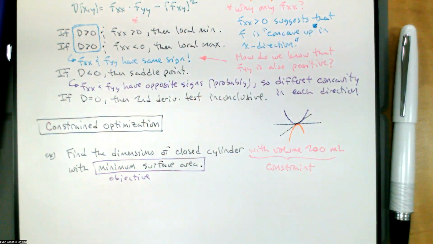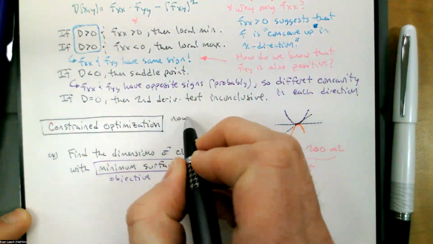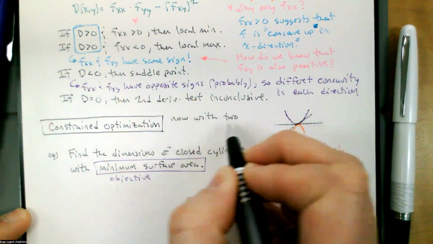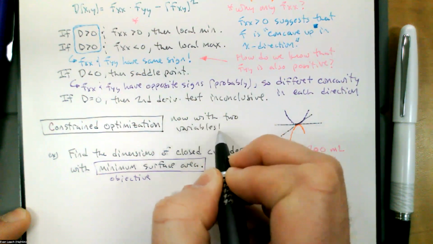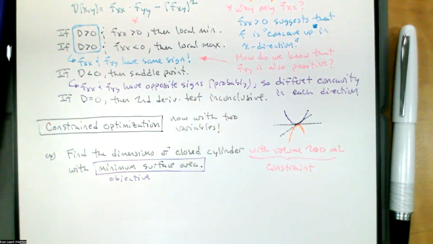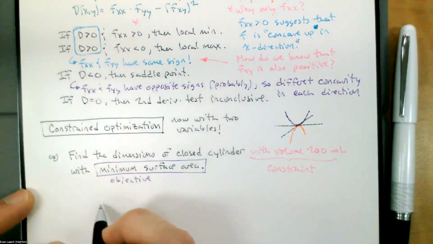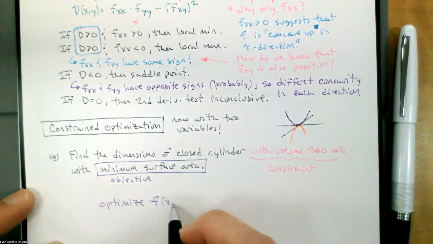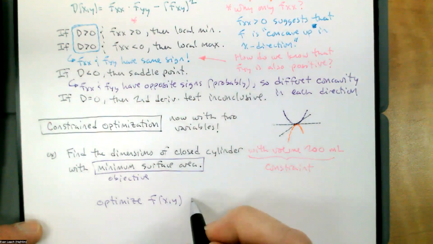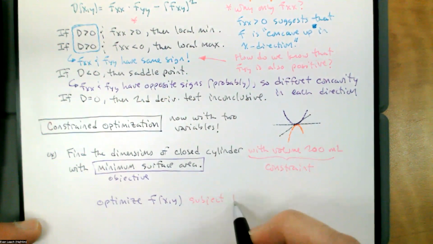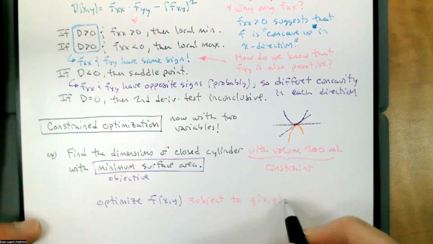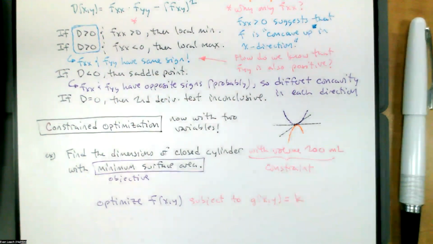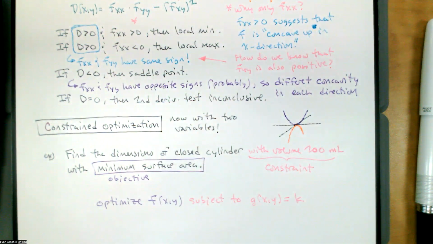We want to adapt this to now a function of two variables. So we boil all this down to this problem.